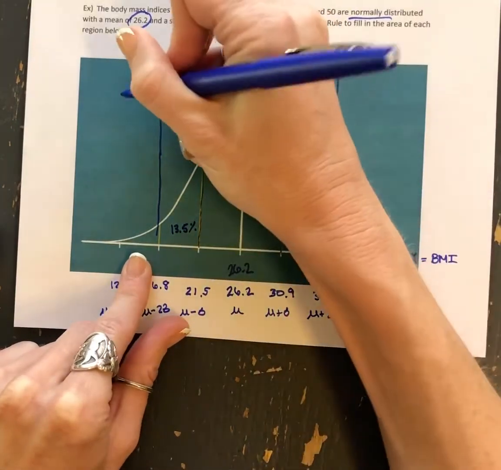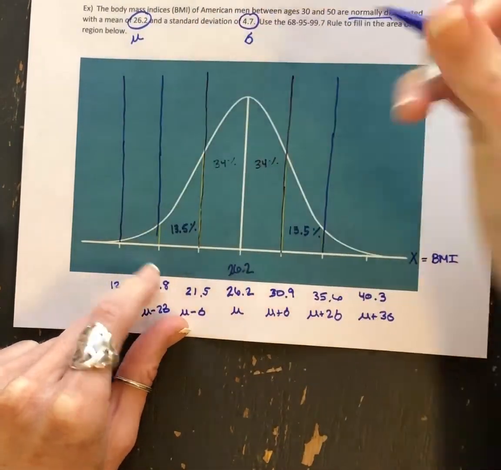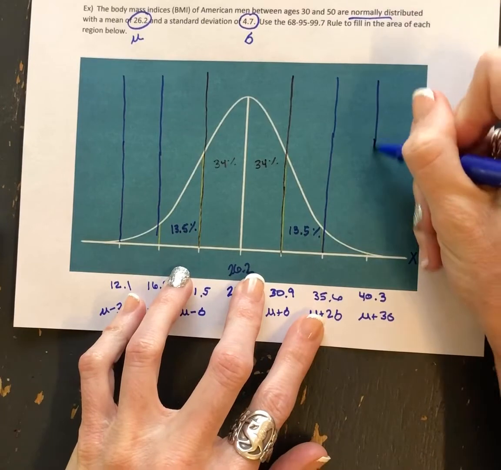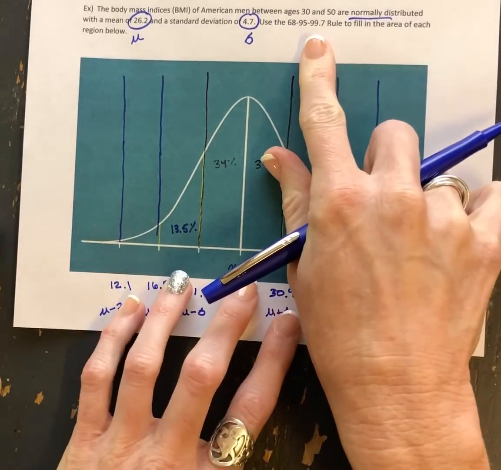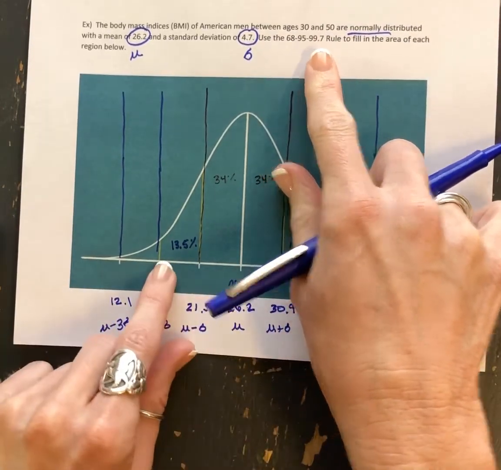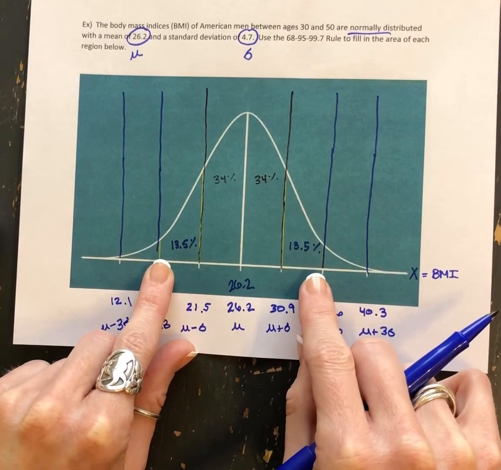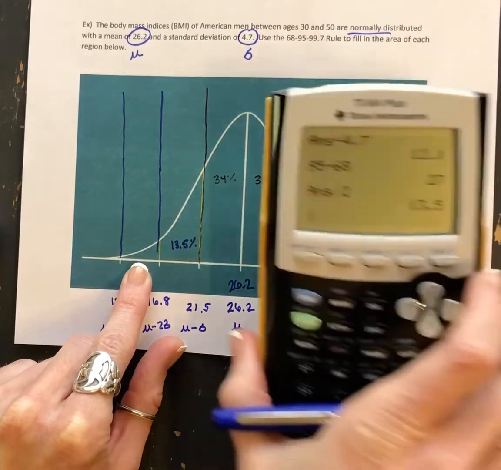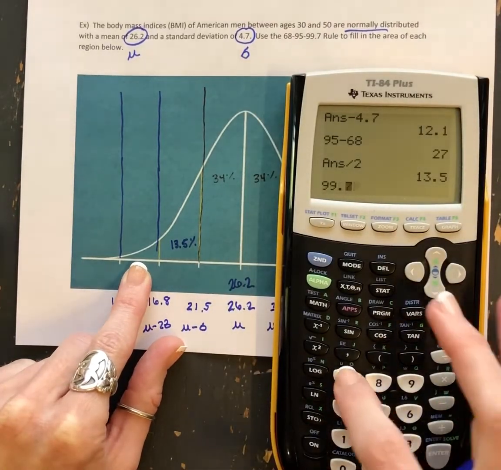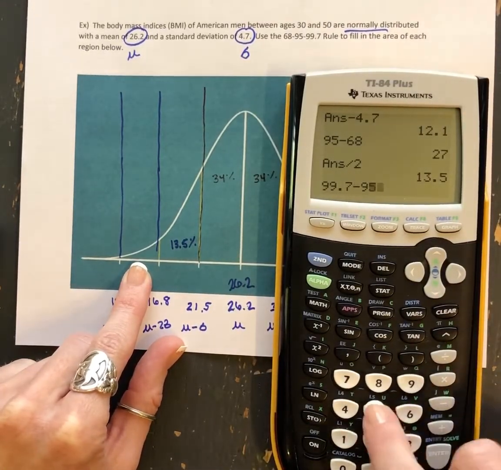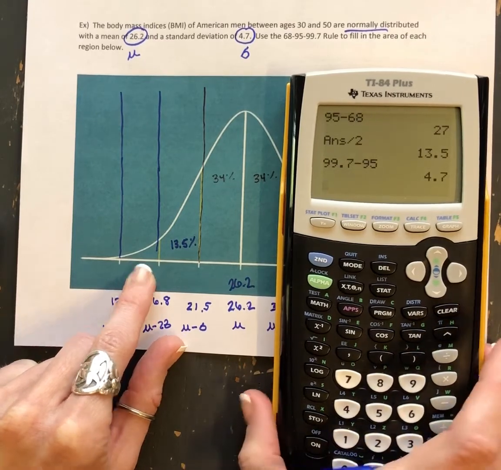By the time we go out to 3 deviations below and 3 deviations above, we are at 99.7%. We already know we had 95% by the time we were at 2 deviations. So the difference is that 99.7 minus the 95, where we already know that it is.